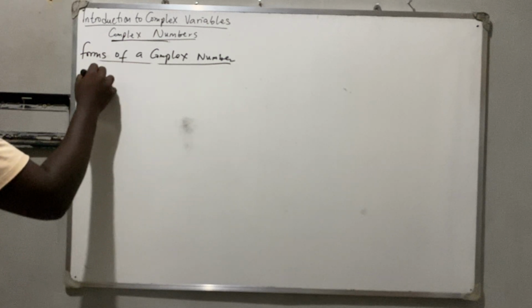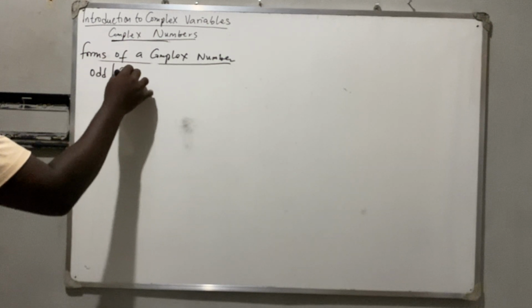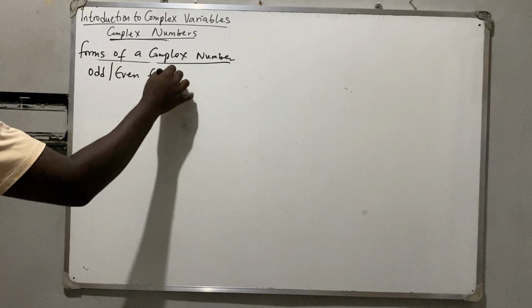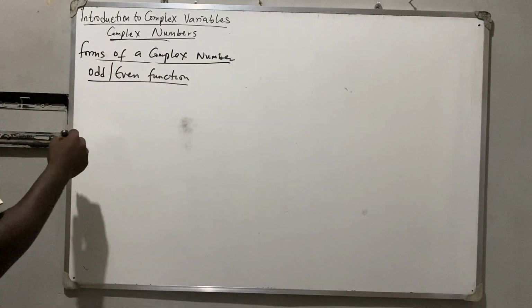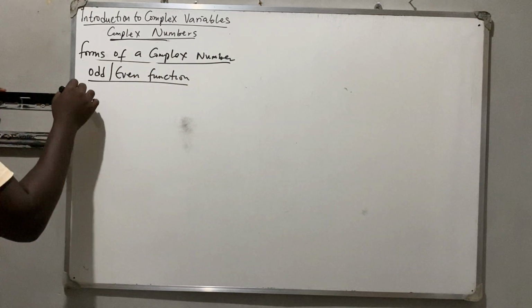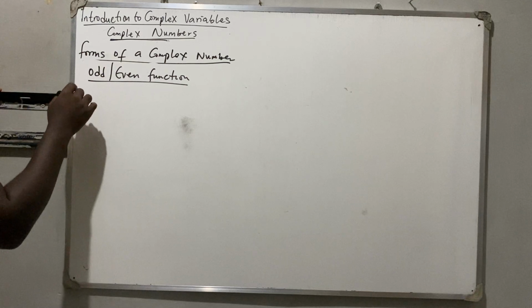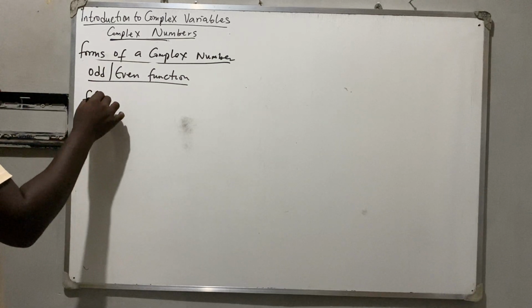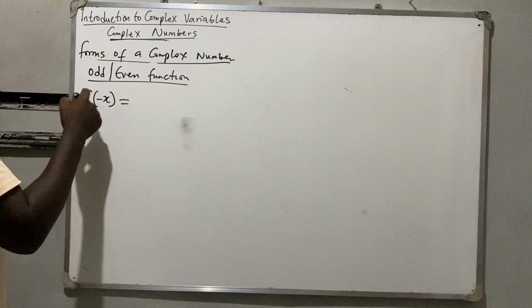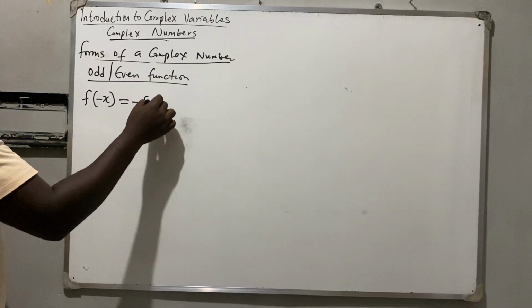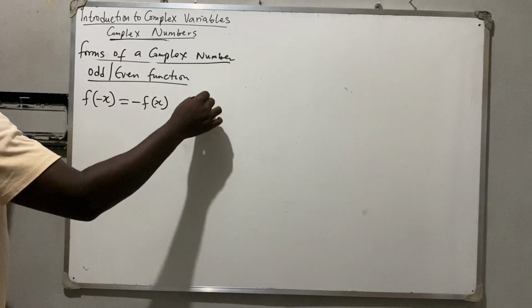So let's talk about odd and even functions. A function is said to be odd if f of minus x, the minus will come outside, to be minus f of x. So we call it an odd function.